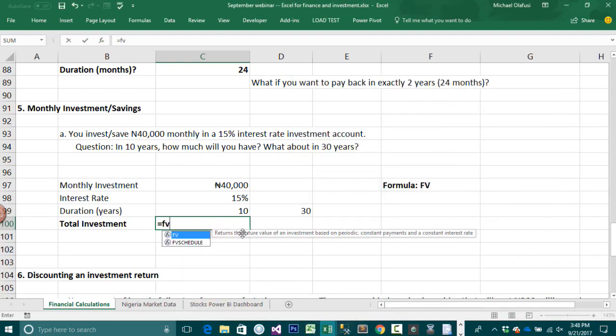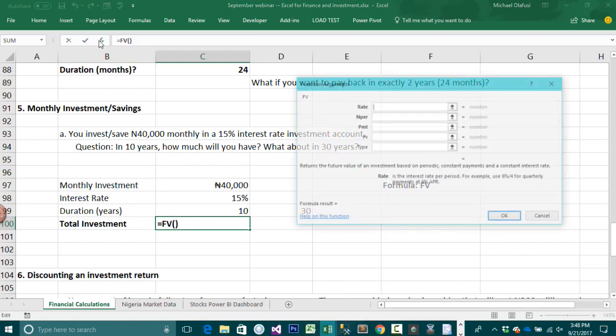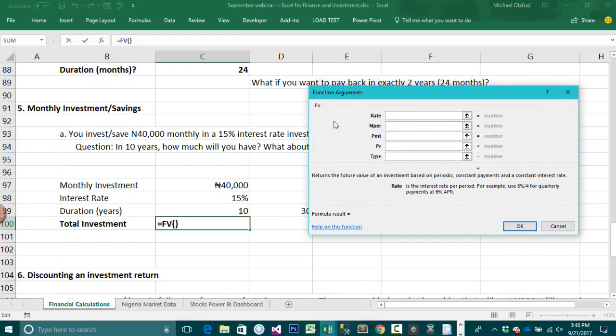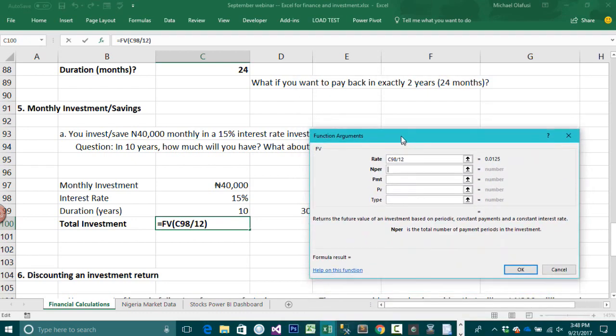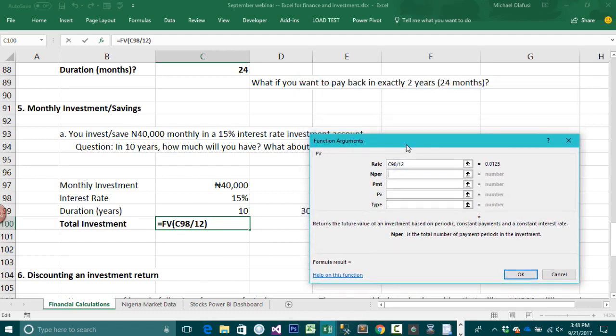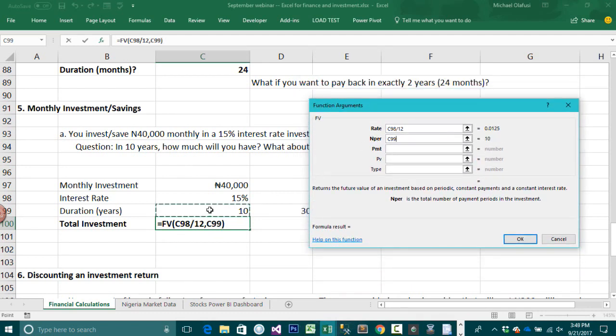So equal to FV, and then this interactive formula box, right? The rate is an annual rate, so I'm going to say the rate divided by 12. Number of periods, because the money we are contributing is monthly, is going to be this, times 12, because we have 12 months in a year, right?